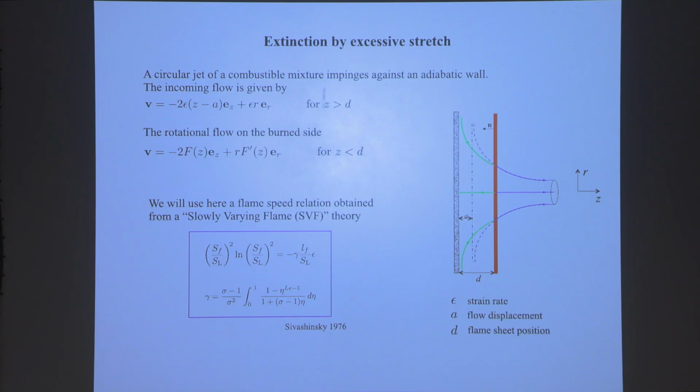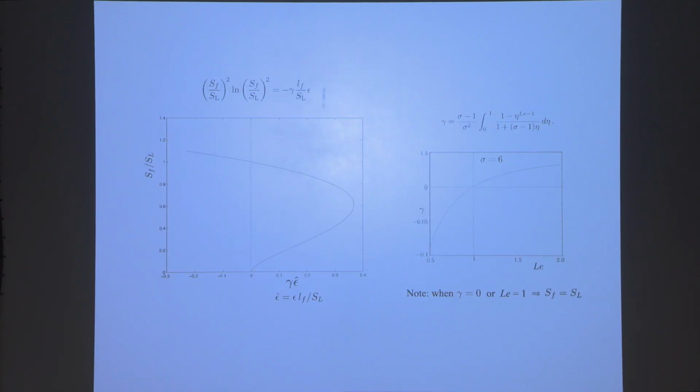Probably I have a graph of it. What's more interesting is this relation that is related to the strain rate here, epsilon. And what you see, by the way, this is the gamma, this value for Lewis number bigger than 1, negative. So anyway, it's a number. But of course, it's important to remember it's positive and negative depending on above 1 and below 1 Lewis.